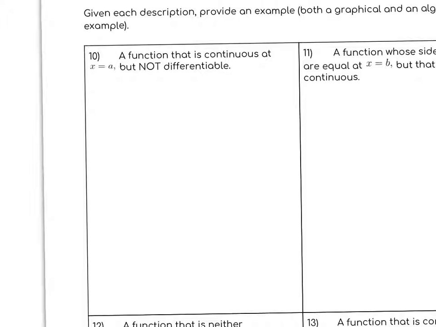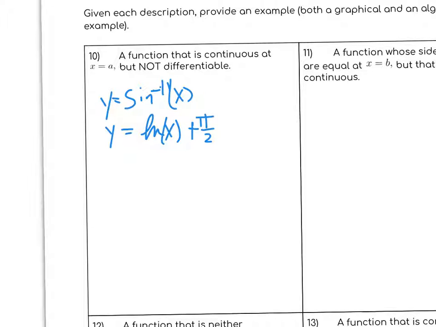We actually saw a good example of that, where y equals sine inverse of x, and y equals ln of x plus pi over 2, where when we did the algebra for that, that didn't come out at that point, and graphically what we saw was something that looked like this and like that, where this was not a nice clean line.